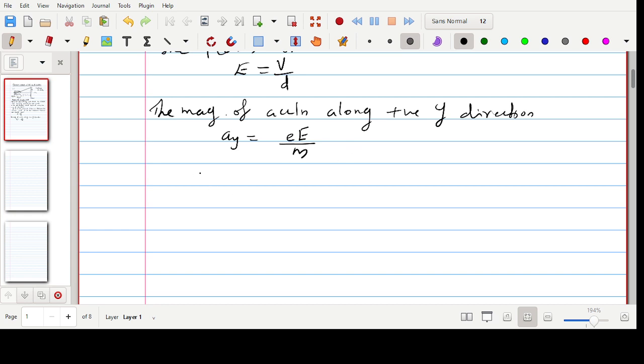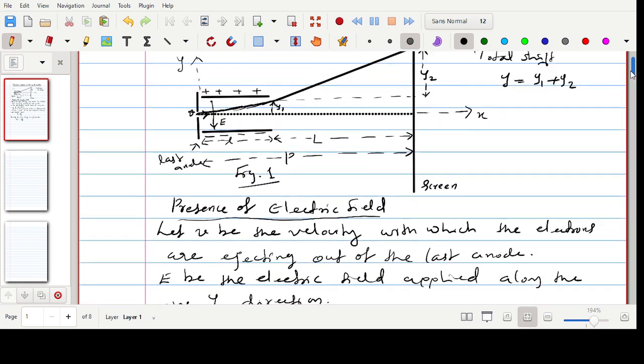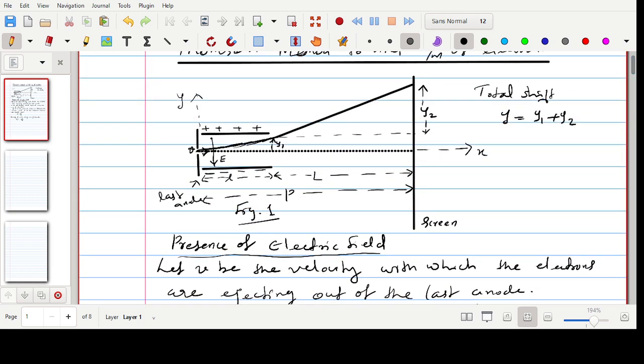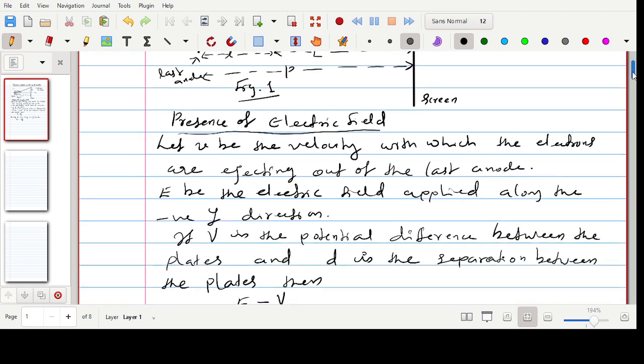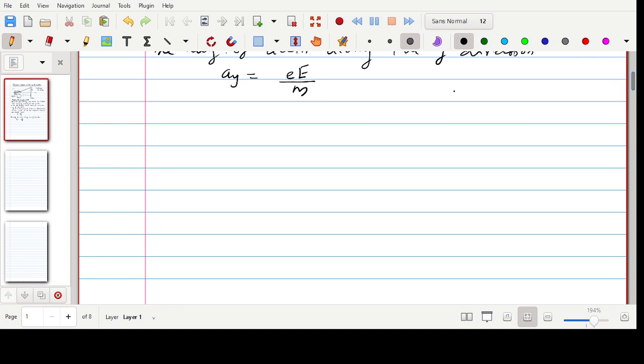Then what will be the shift when it ejects out of the electric field E? When it ejects out of the electric field, it is traveling a distance L along the horizontal direction and y1 along the y direction.